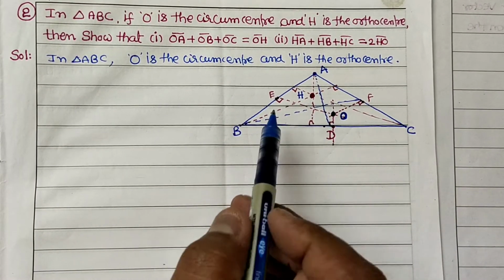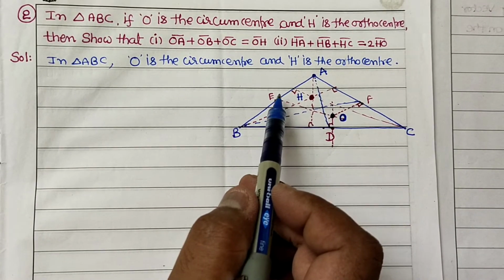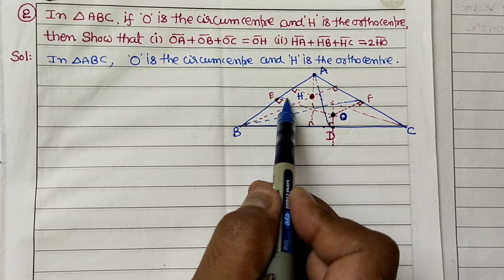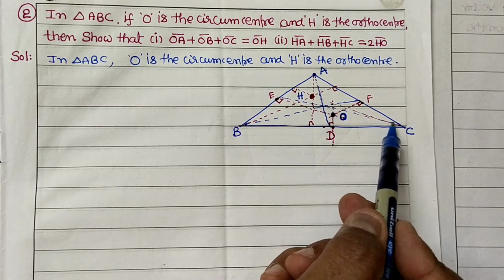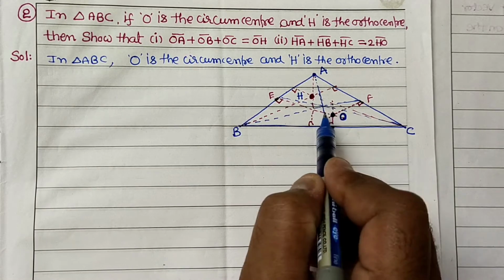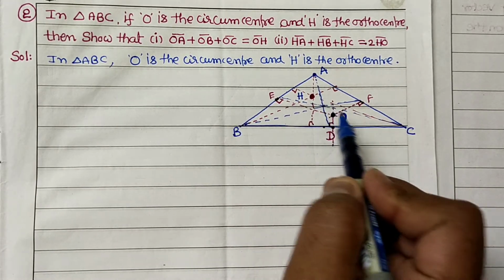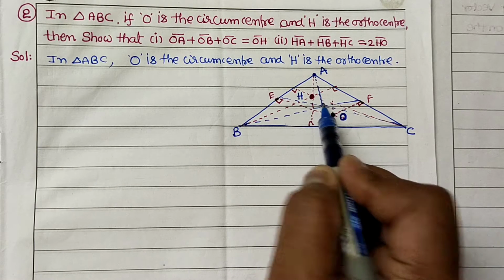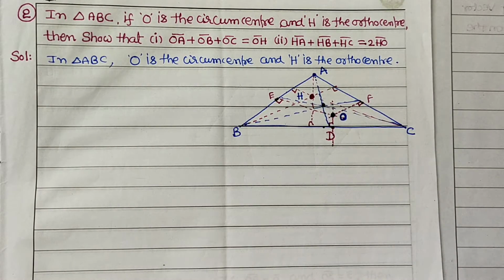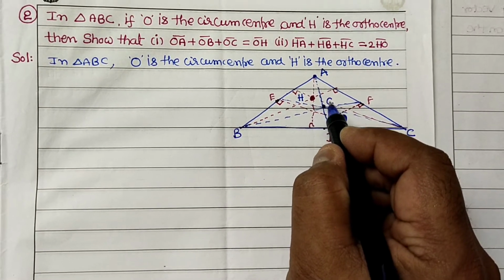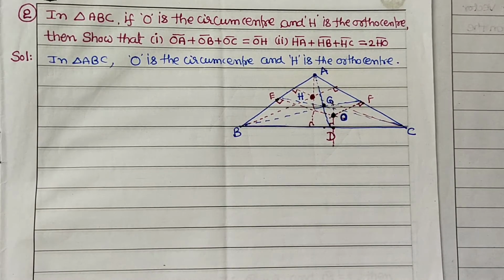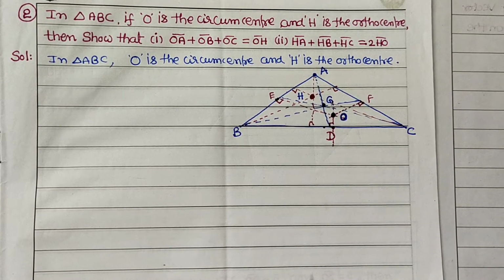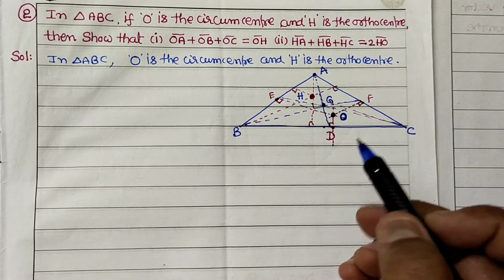Maybe some confusion, but it's not at all a worry. So which are meeting at this point? This I am taking as G. The point of intersection of medians is called centroid.